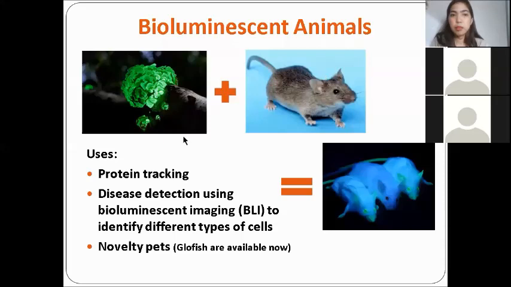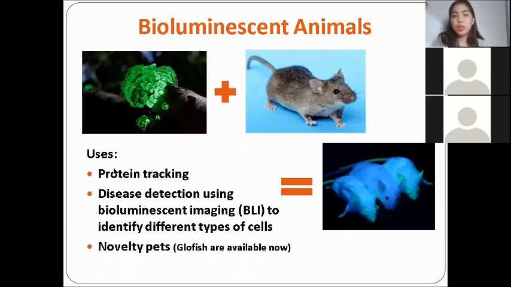So, two species. The first one, the upper left, is a fungus displaying bioluminescence. Plus the mouse, what is the result? As you can see, compared to the normal mouse, the genetically modified organism looks so cute, I no longer feel afraid of mice. It glows in the dark.